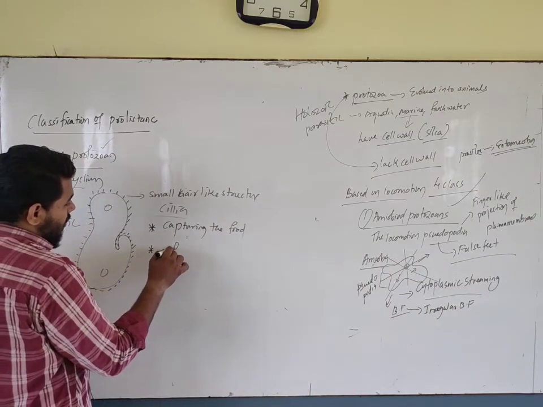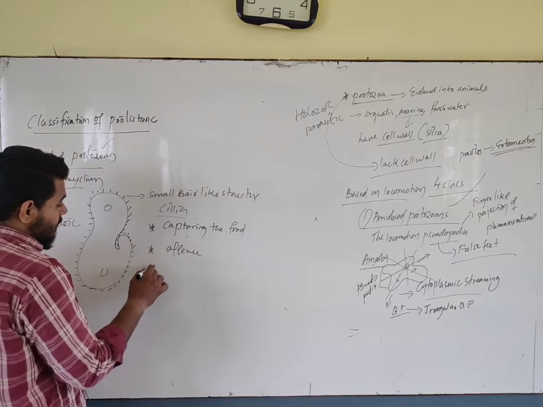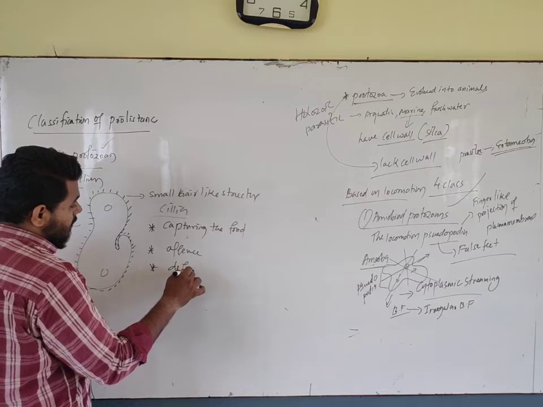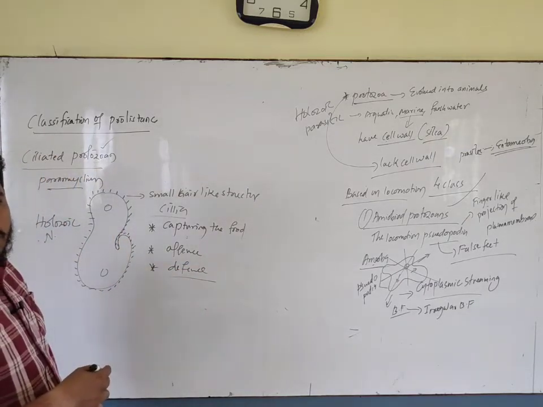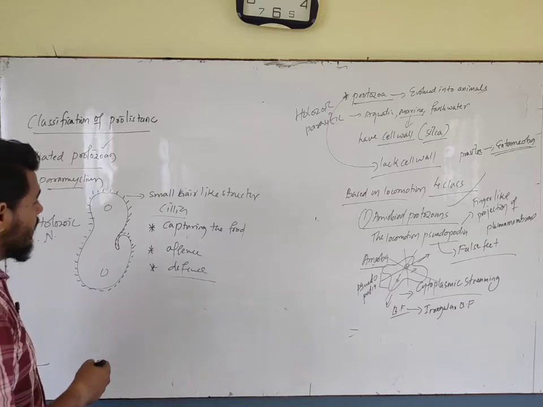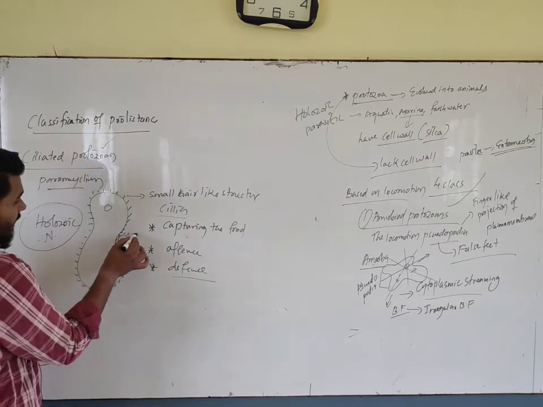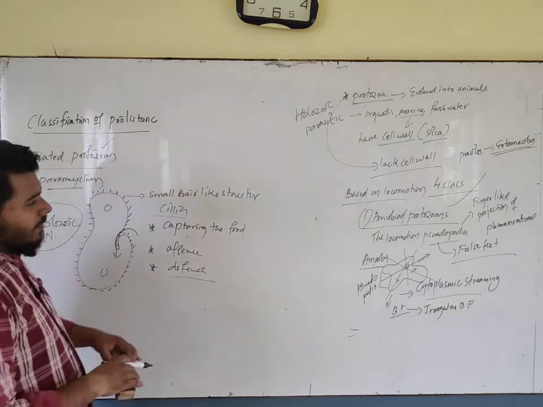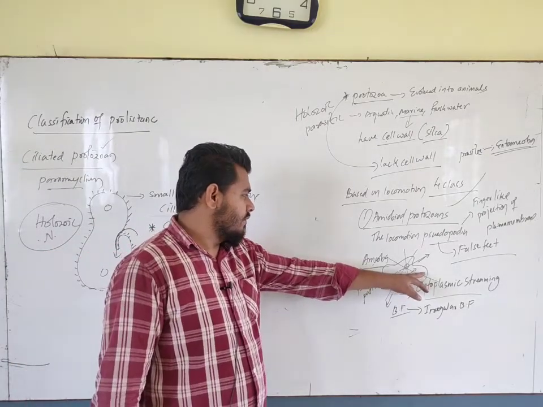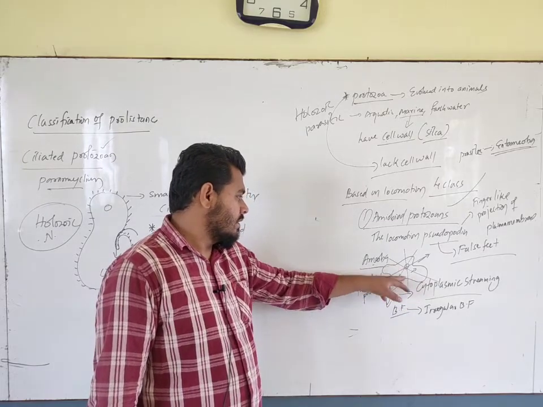Next, for offense, means for fighting, or for defense, for protection. These cilia, minute hair-like structures, engulf the food particles in a particular direction. But amoeba can engulf the food from any plane of a surface, any surface.